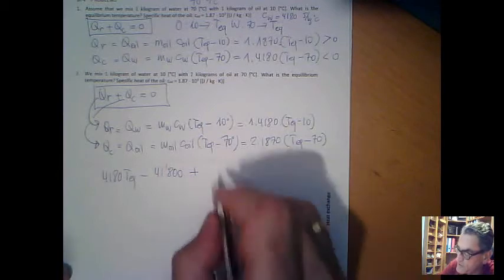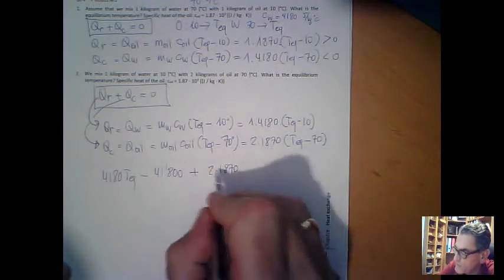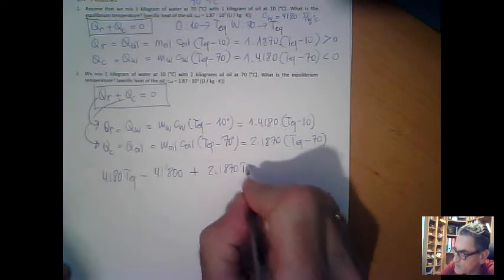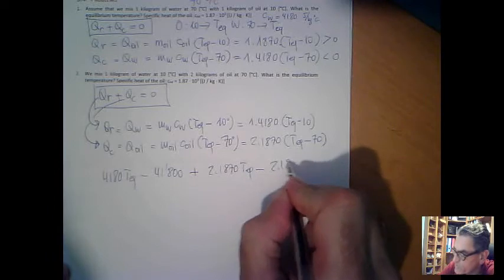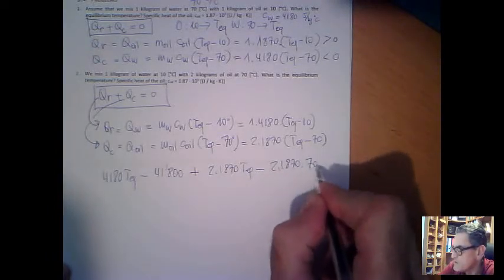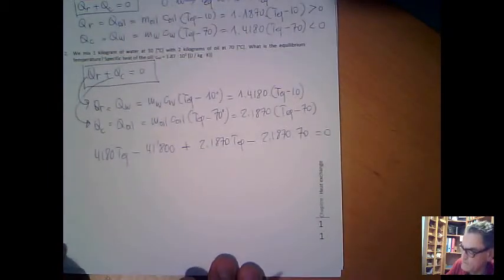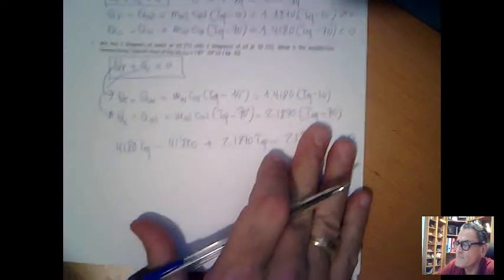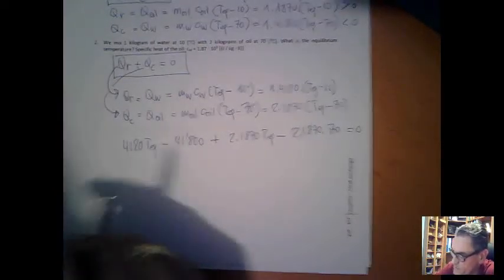Plus the second term, which is 2 times 1,870 times TEQ minus 2 times 1,870 times 70, and all this should be 0, right? You're still following me? This is what you did probably.